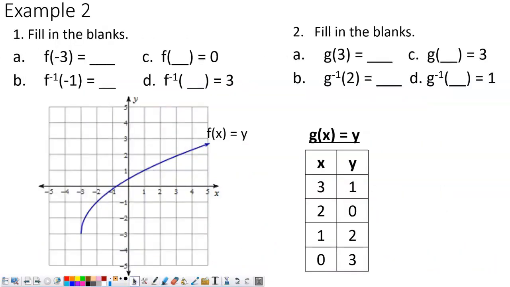Next. So now we're going to talk about evaluating inverse functions and solving inverse functions. So let's go ahead and work on this a little bit.